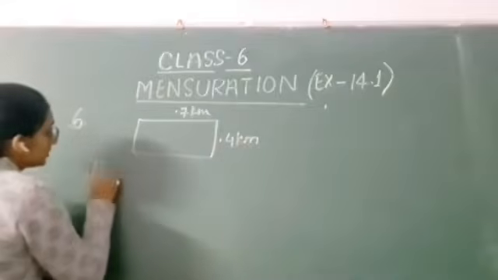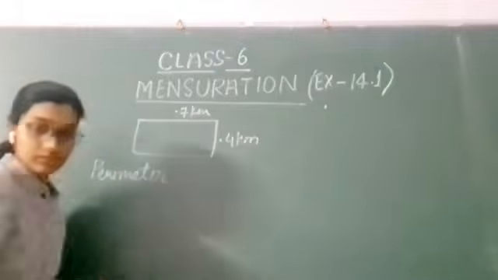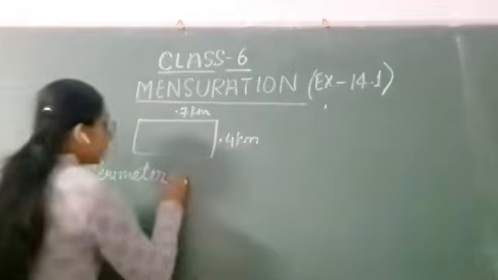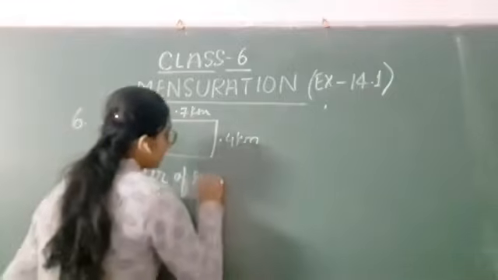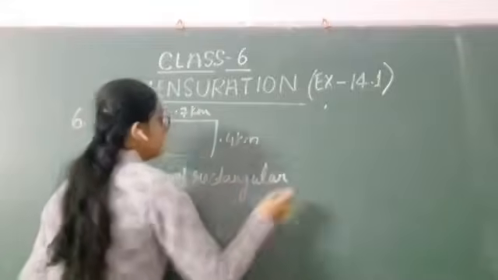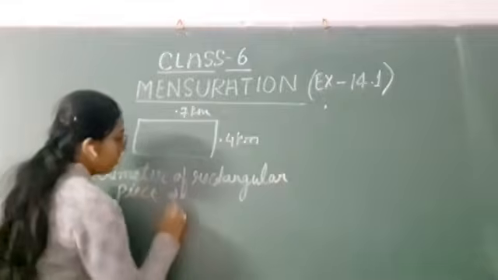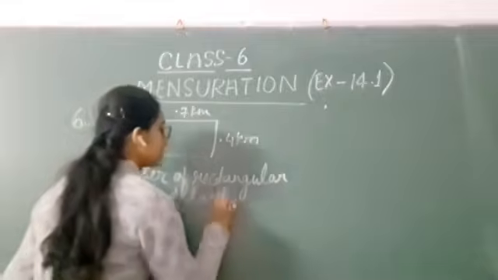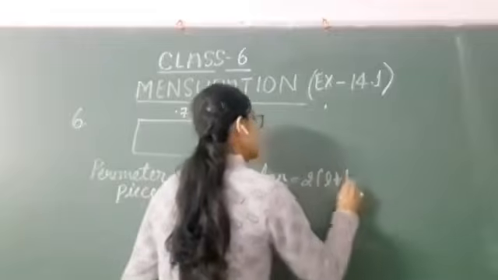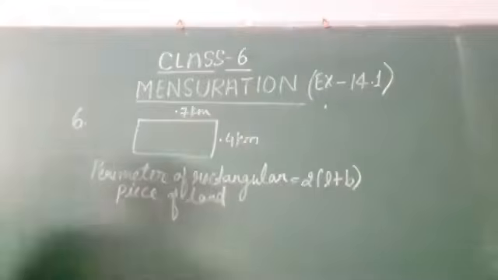So perimeter of rectangular piece of land is equal to 2 into length plus breadth.